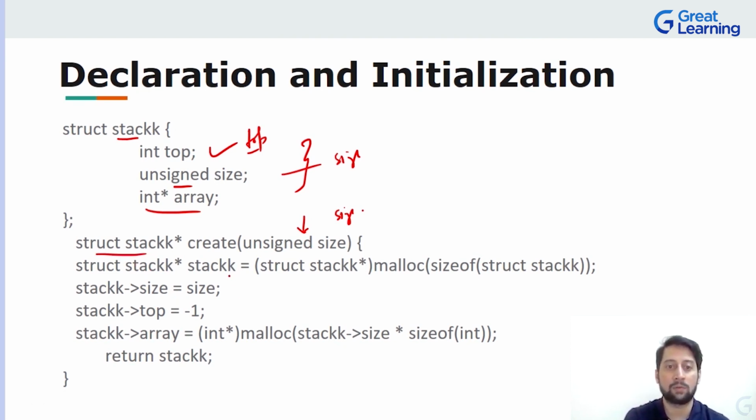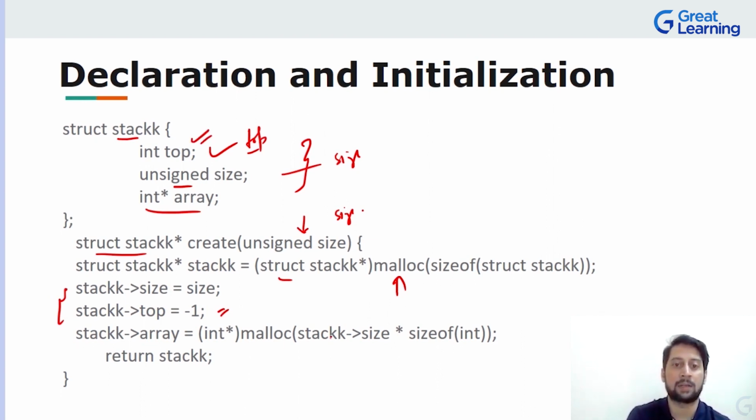So how do you allocate memory to the stack? We use the malloc operation and define the size according to the structure of the stack. Once the size is there, we just typecast it to the stack, that's it. Then we assign values to these data members. In this case, we assign the size to the size data member and top equal to -1 to the top of the stack.